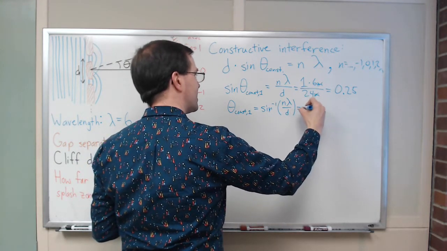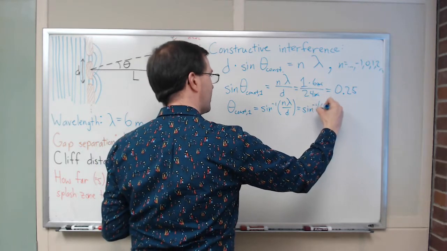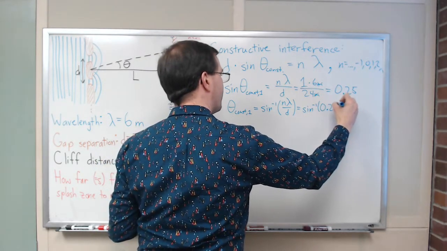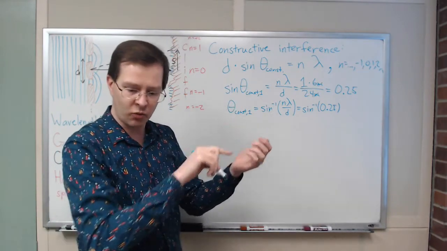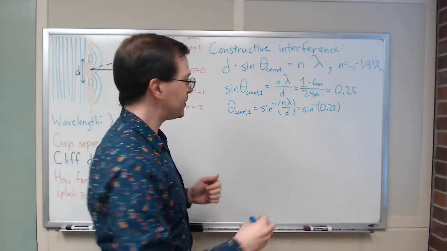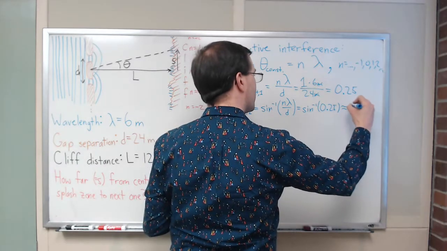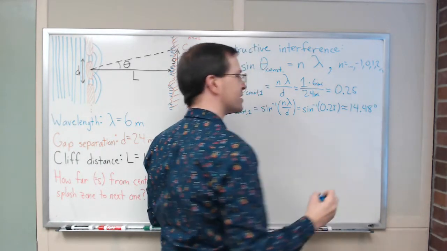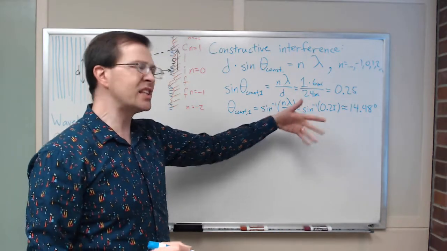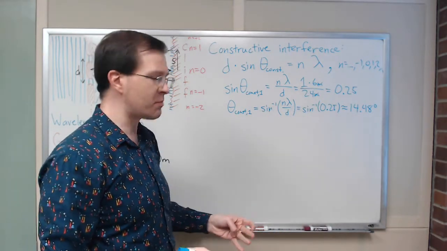And so that is the inverse sine of 0.25. When I work out that number, I did this in my calculator earlier, I won't force you to watch me type it in. I get that this is about 14.48 degrees. In degrees, that's a relatively small angle, not that small, but relatively small.